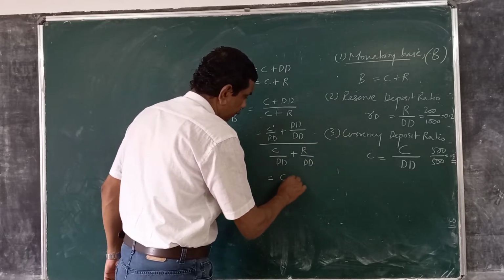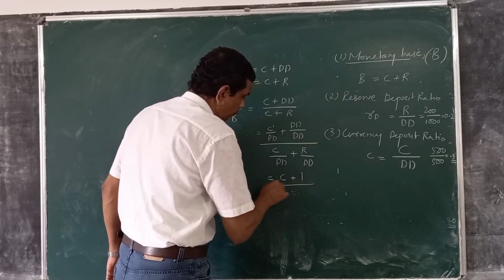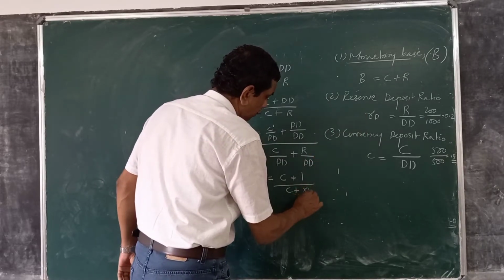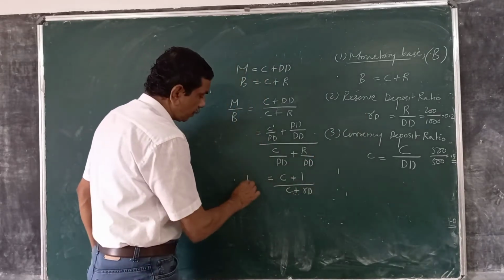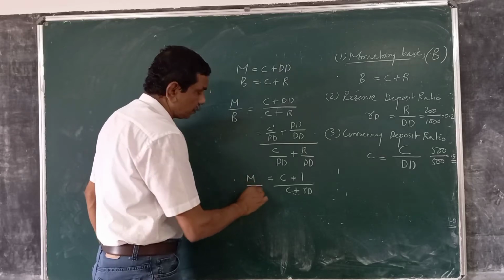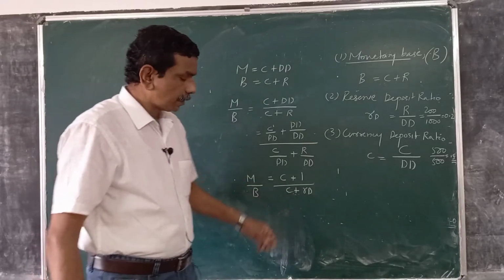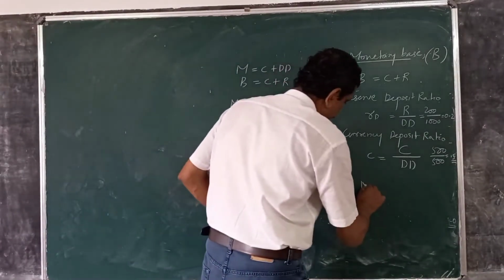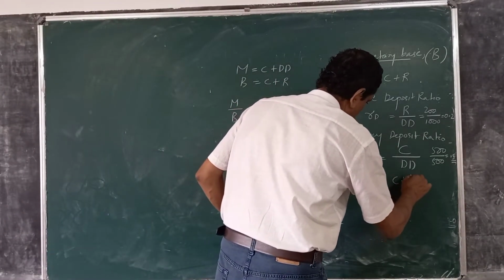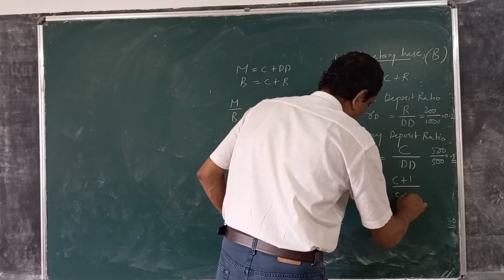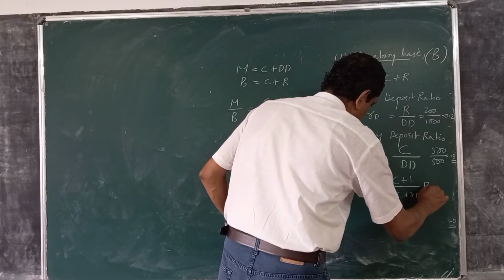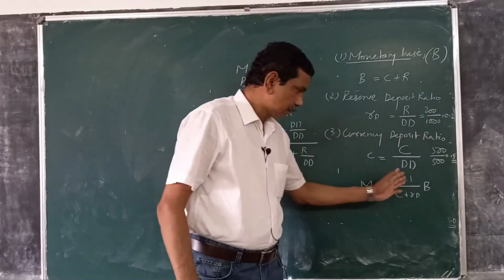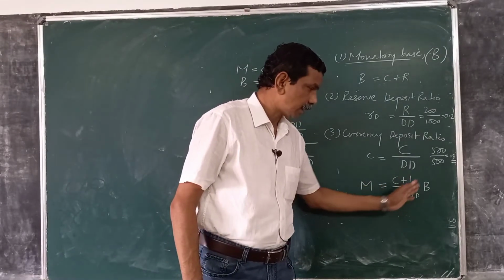Small letter c. So it is c plus 1 by c plus, what is R by DD? RD. So M by B is equal to c plus 1 by c plus RD. So what is M? M is equal to c plus 1 by c plus RD into B. Money supply is equal to c plus 1 by c plus RD into B.